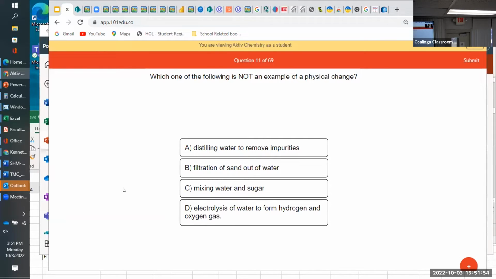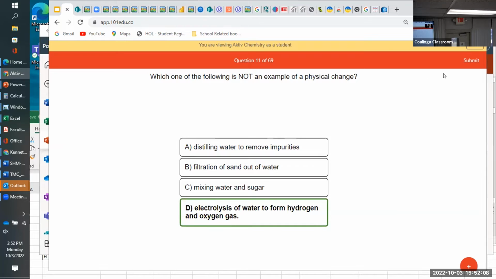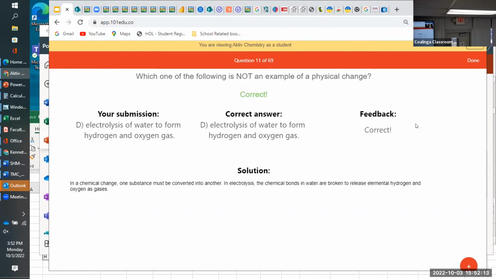Stop it. Which of the following is not an example of a physical change? I will go with D, because it's the longest. I didn't even read it. It's right, isn't it? It's right, I hate it.